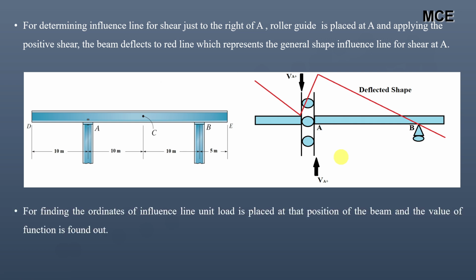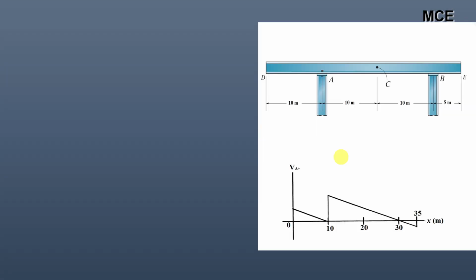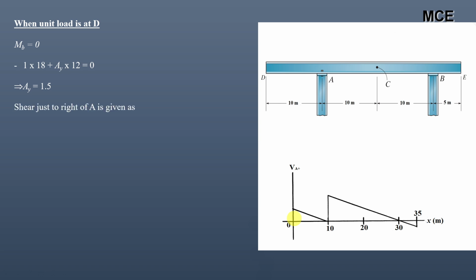To find the ordinates, place the unit load at each position and calculate the value of the function. So this is the shape for the ILD for shear just to the right of A. To get the ordinate at 0 meter, we will place the unit load at D and then calculate the value of shear just to the right of A. When the unit load is at D, the vertical reaction at A is 1.5, and shear just to the right of A will be AY minus 1.